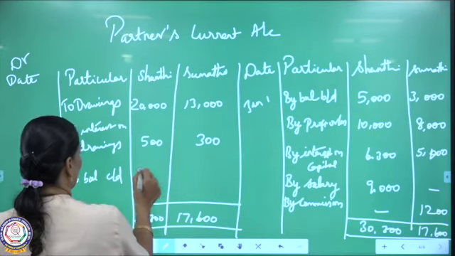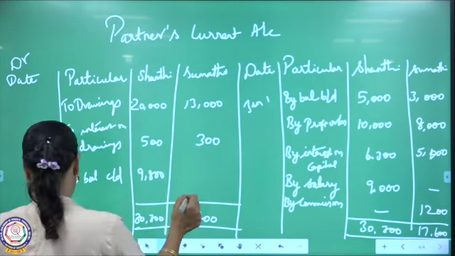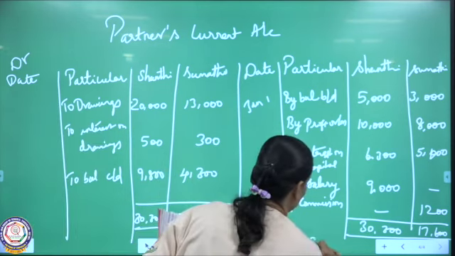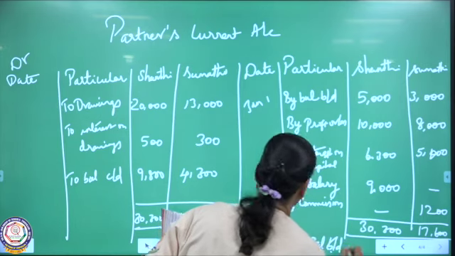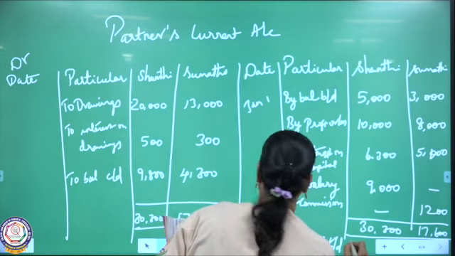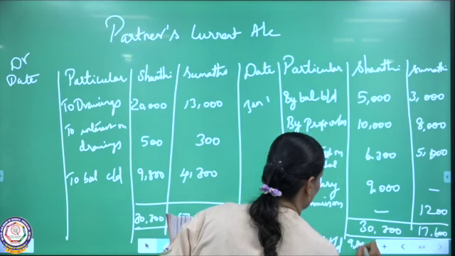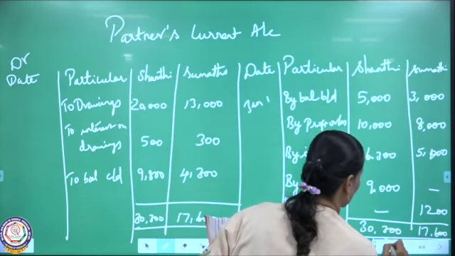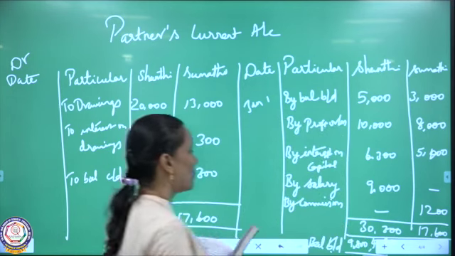How much? 9,800 and then 4,300. Balance brought down 9,800, 4,300. Okay, copy this, children.